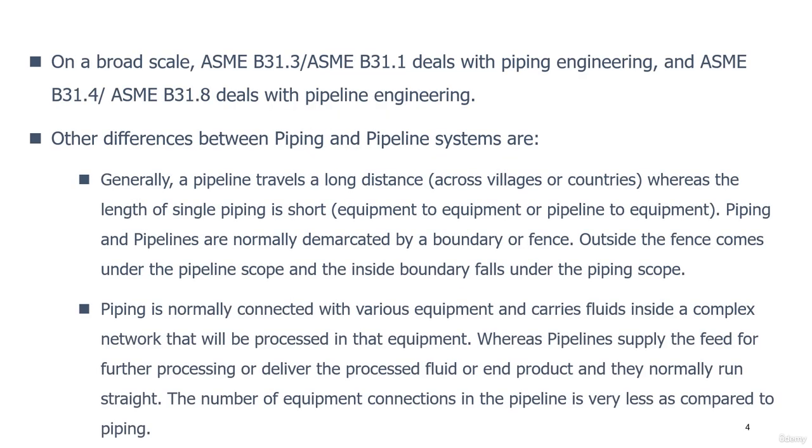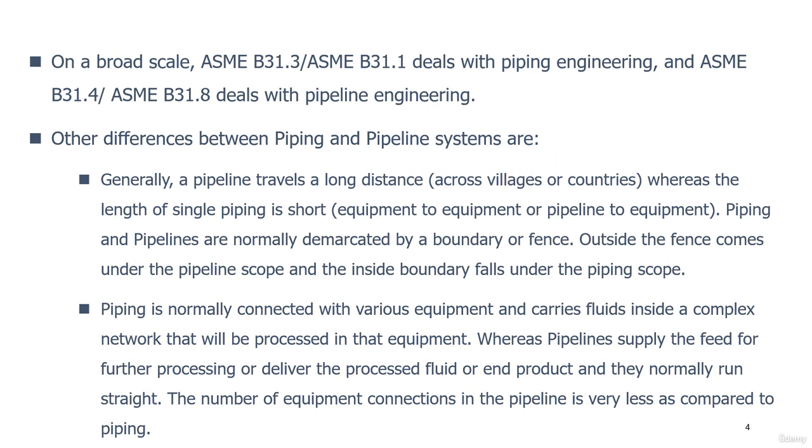Now, what are the major differences we will find? On a broad scale, ASME B31.3 or ASME B31.1 deals with piping engineering, whereas ASME B31.4 and ASME B31.8 deal with pipeline engineering. Other differences between piping and pipeline systems are, generally a pipeline travels a long distance.